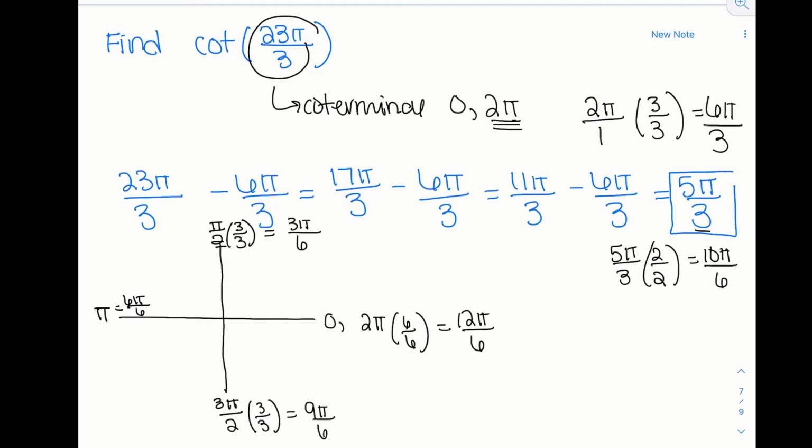I mean, essentially, you can just ignore the pi's because they all have a pi. And you could say, well, where does 10 over 6 fall? Well, it falls between 9 over 6 and 12 over 6. So the angle, again, is going to be in quadrant 4.